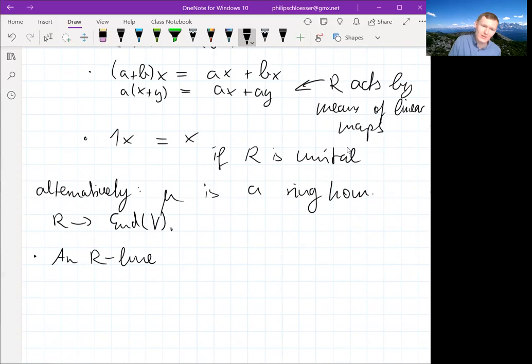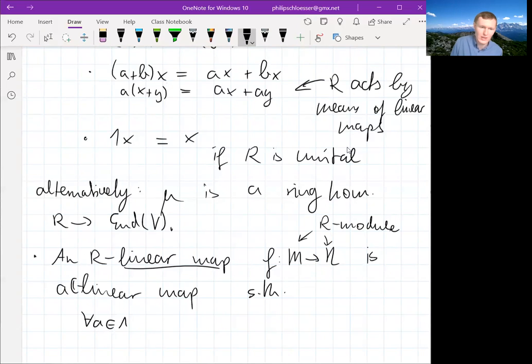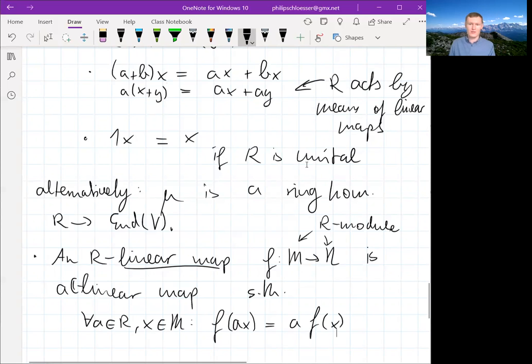An R linear map between two R modules is an R module homomorphism, is a linear map, a C linear map, such that for all elements in R and all elements in the module, it respects the multiplications, meaning exactly this property here.